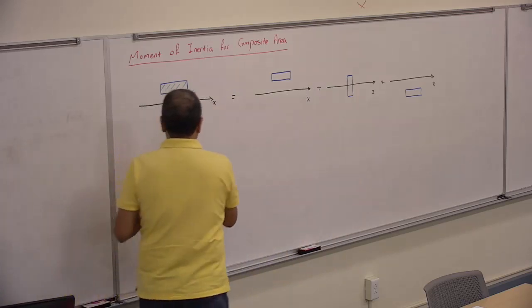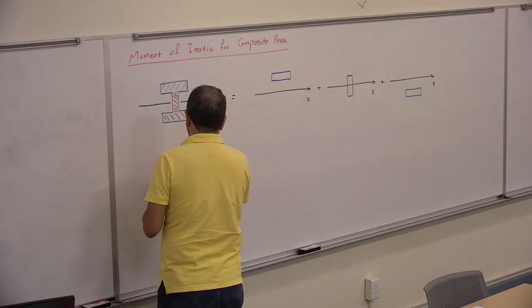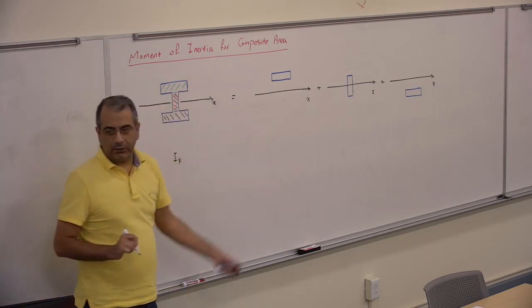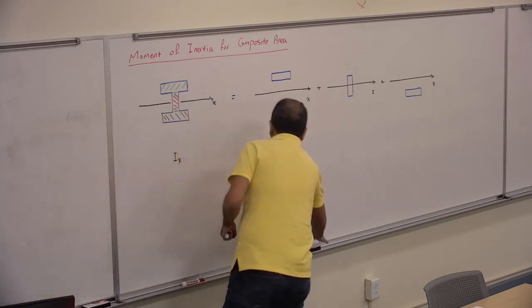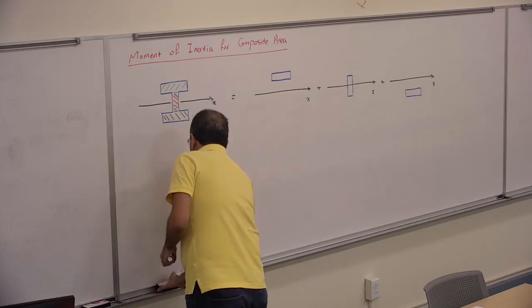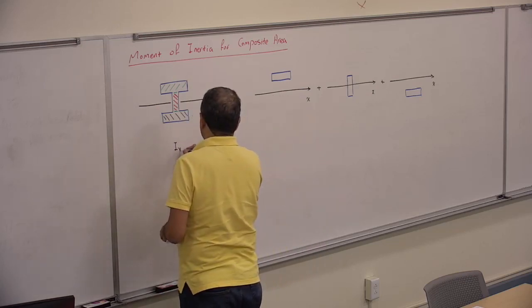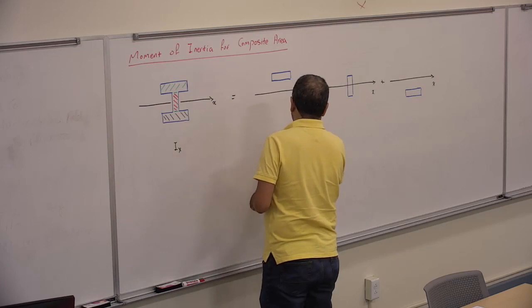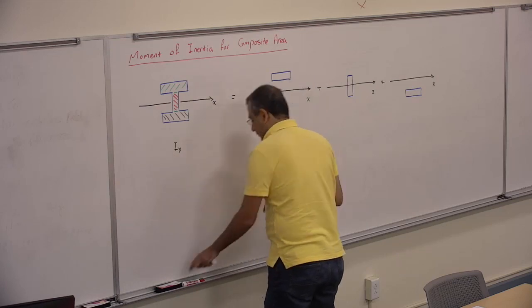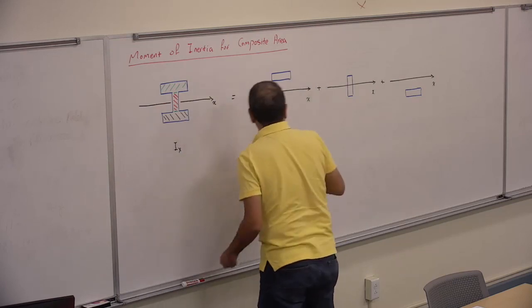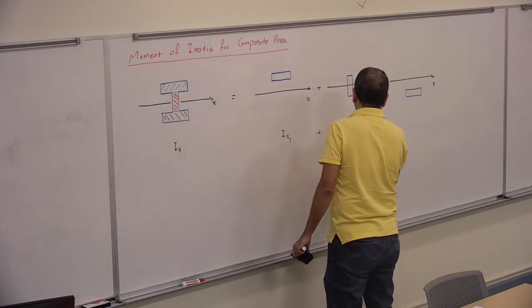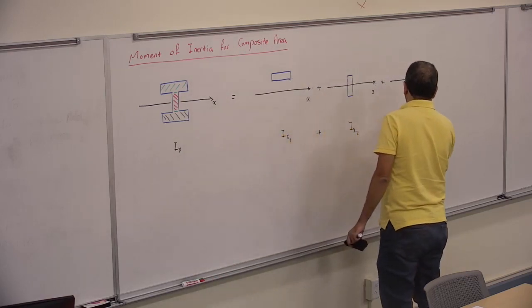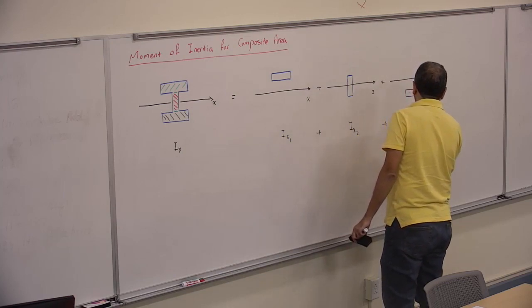So this is the Ix. It's going to be the Ix for part 1 plus Ix for part 2 plus the Ix for part 3.